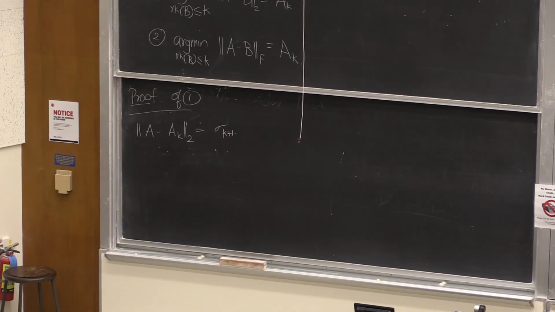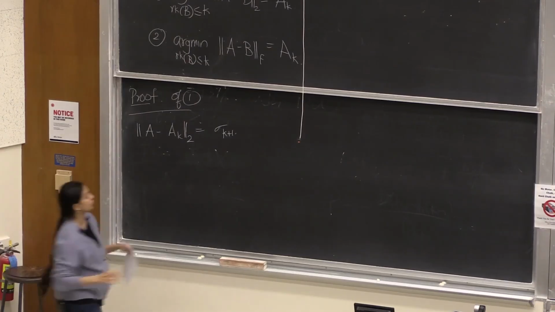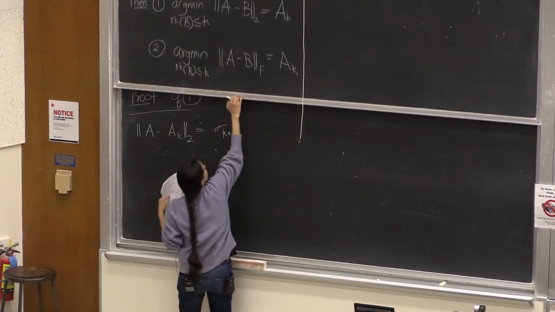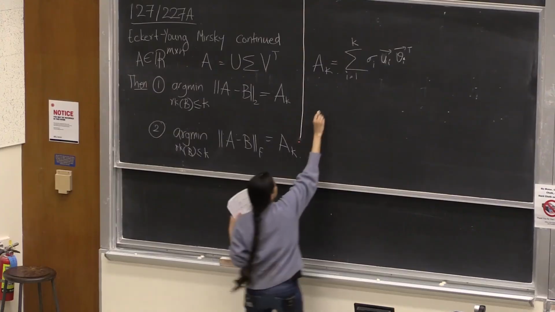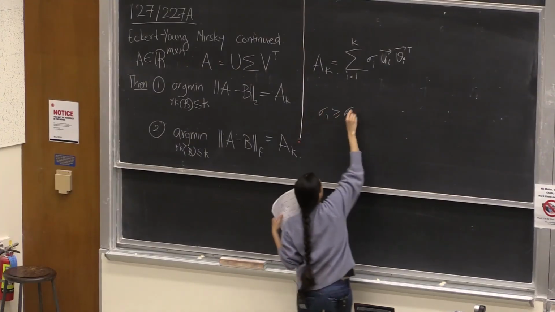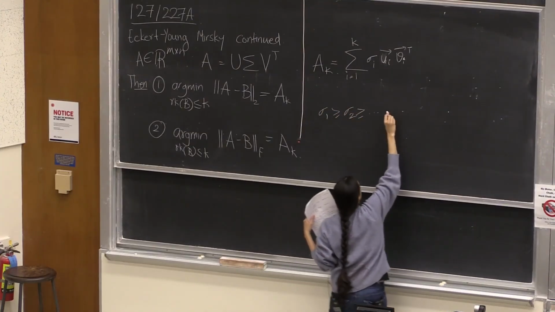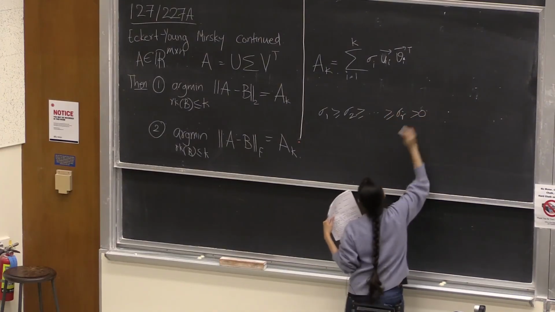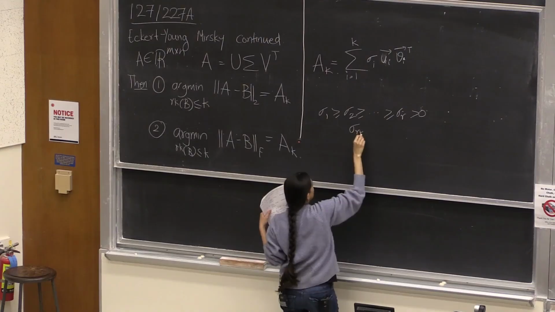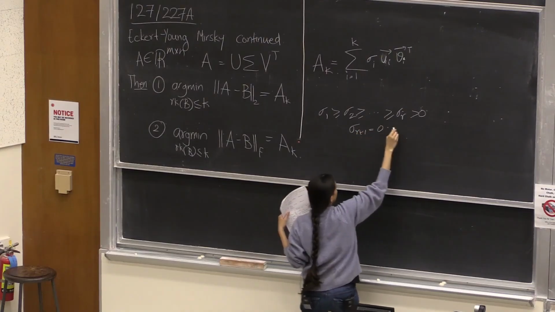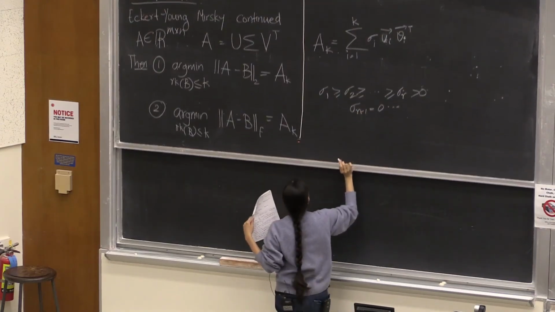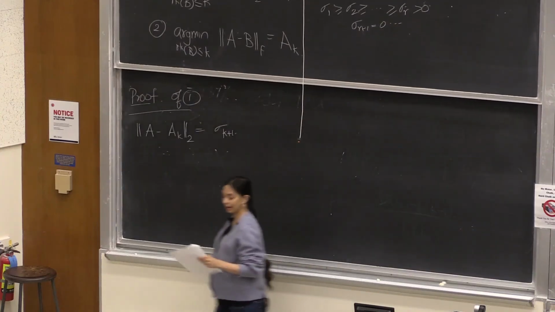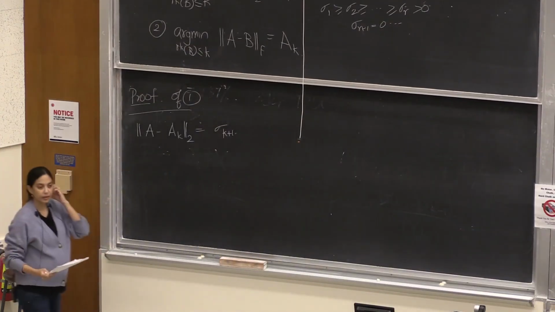Remember, the singular values are always arranged in descending order. So you always have the property sigma 1 greater than or equal to sigma 2 greater than or equal to ... sigma r strictly greater than 0, and then sigma r plus 1 and onwards are all 0, assuming that you have a rank r matrix.